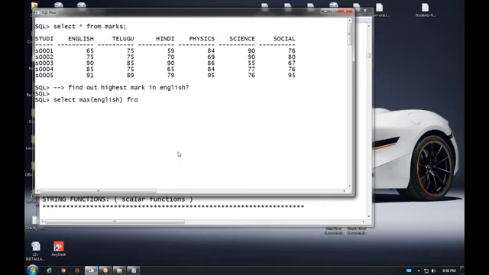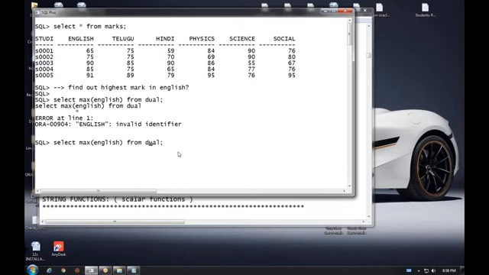English column, from Dual. Dual is wrong. What is our table name? Marks. What is the highest mark under English? 91.